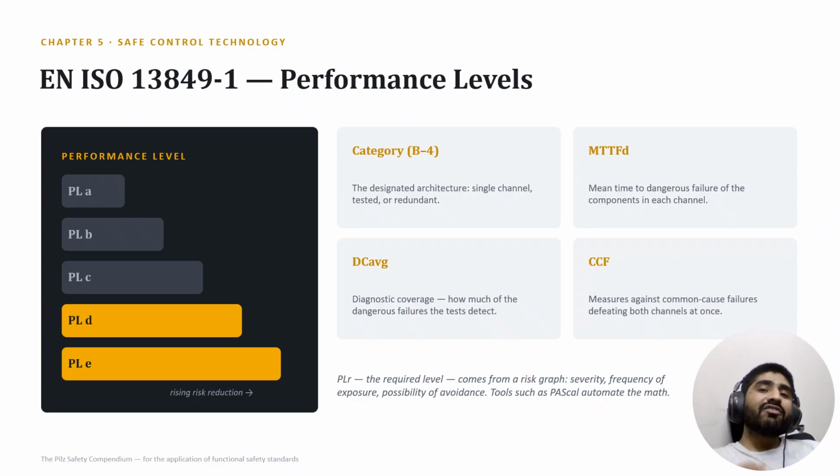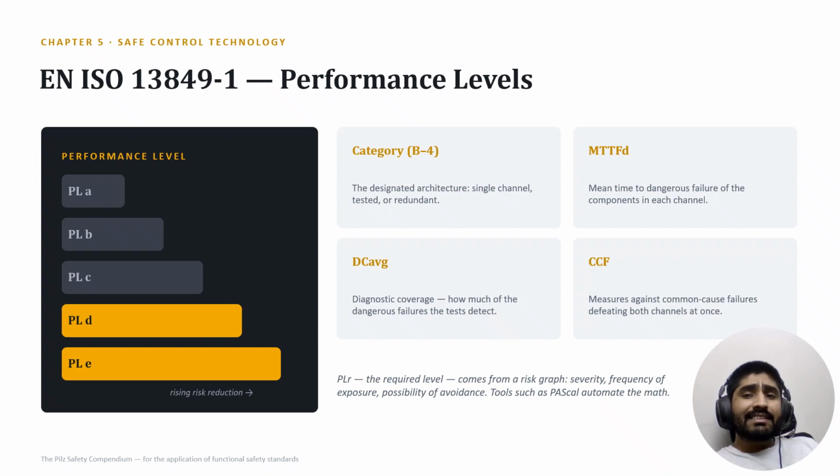The achieved PL then depends on four ingredients: the architectural category from B up to 4, the mean time to dangerous failure of the components, the diagnostic coverage of the tests built into the system, and the measures against common cause failure.